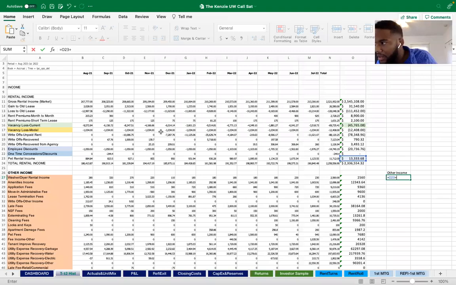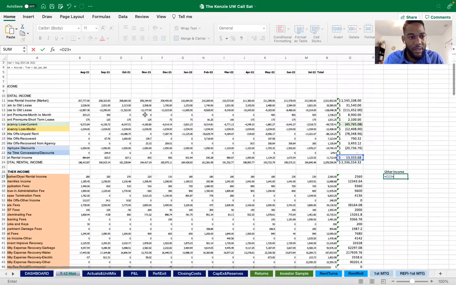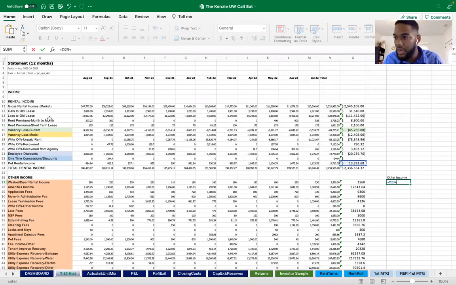No, that wouldn't be other income in this case. Other income would be pet fees. Anyone want to take a guess before I say it, in this first column, line items 11 through 23? Any other income items you want to guess?